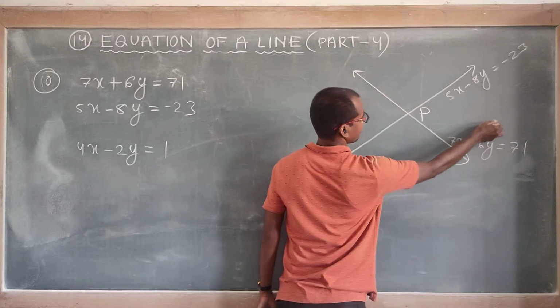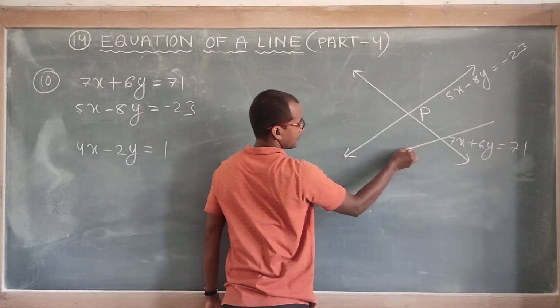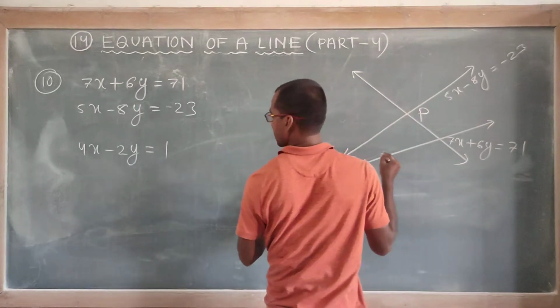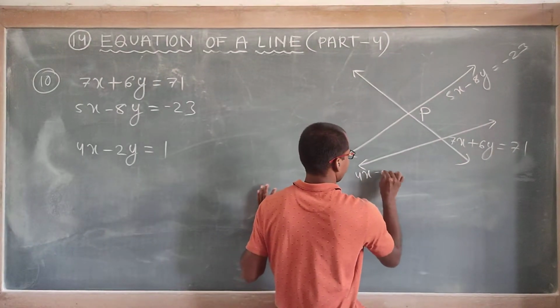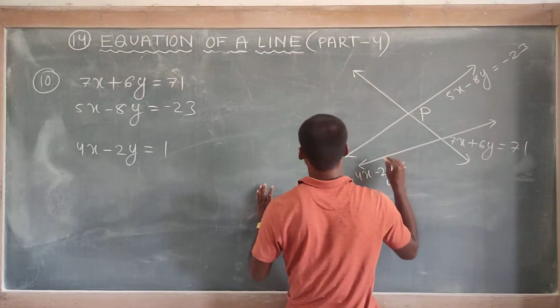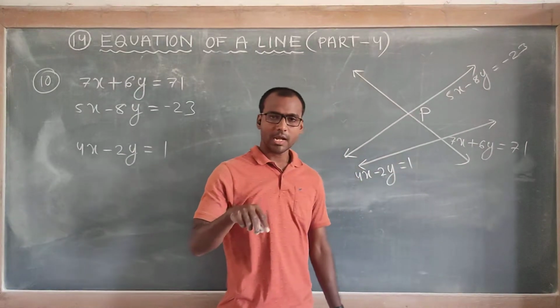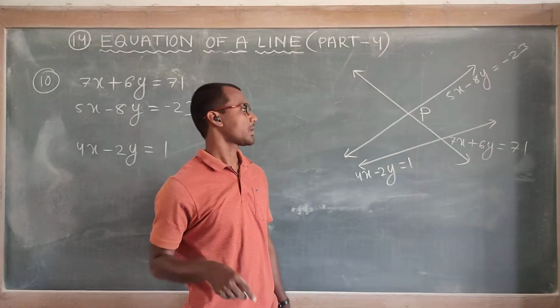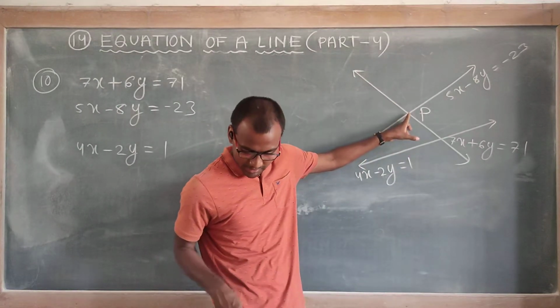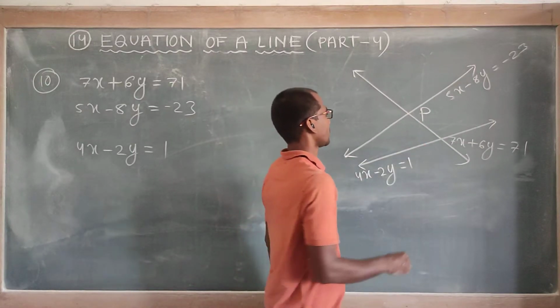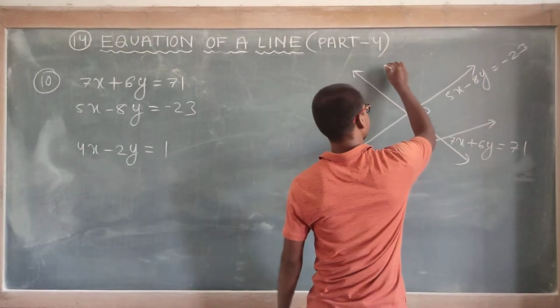Suppose this is the line whose equation has been given, 4x minus 2y is equal to 1. We have to find the equation of the line that passes through the point P and is perpendicular to this line. So the line will be like this.